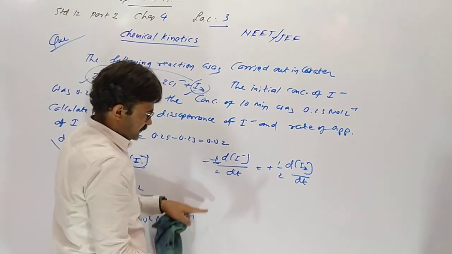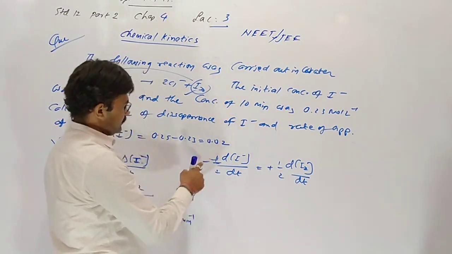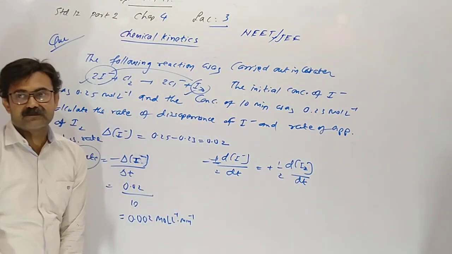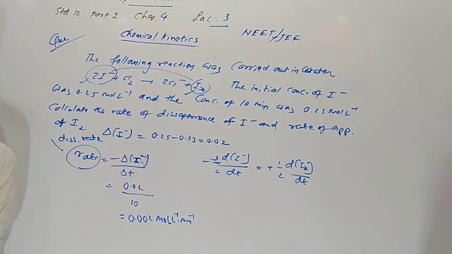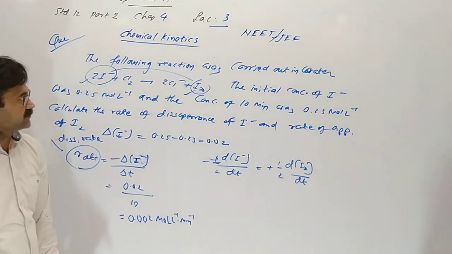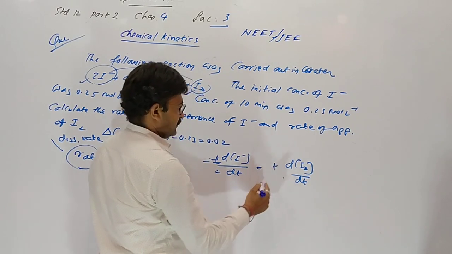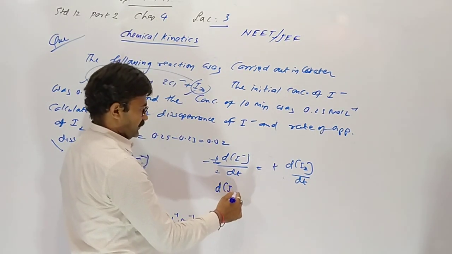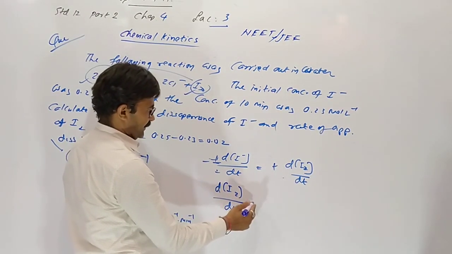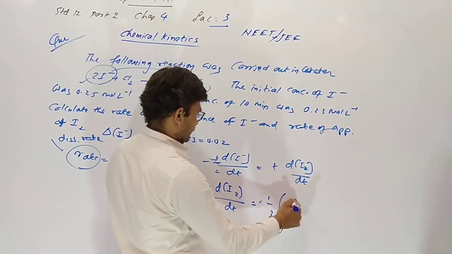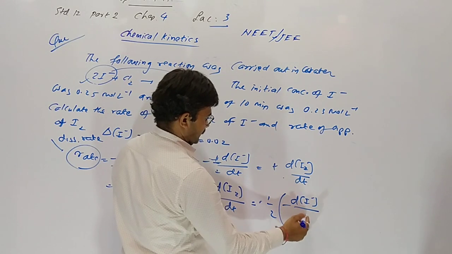Here 1 mole of I2, so d[I2] upon dt is minus 1 by 2 d[I minus] upon dt.